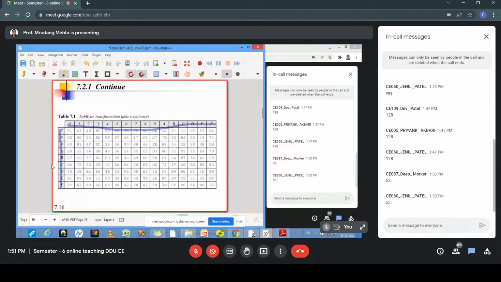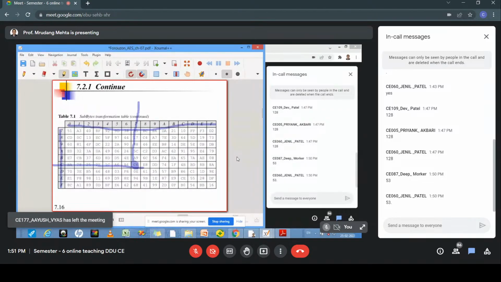We have to map row versus column, right? So this value C6 is for row C and column 7.